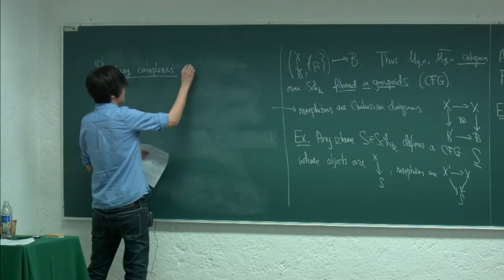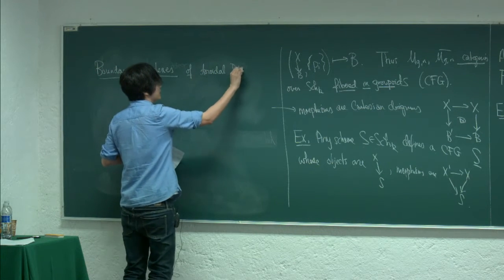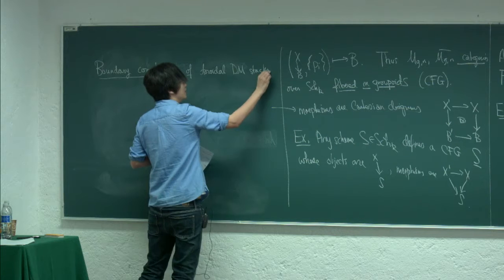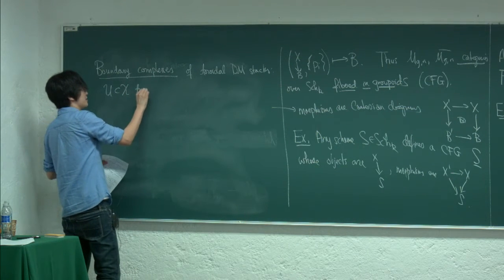Boundary complexes of toroidal Deligne-Mumford stacks. Again, we have U inside X, such a toroidal embedding.